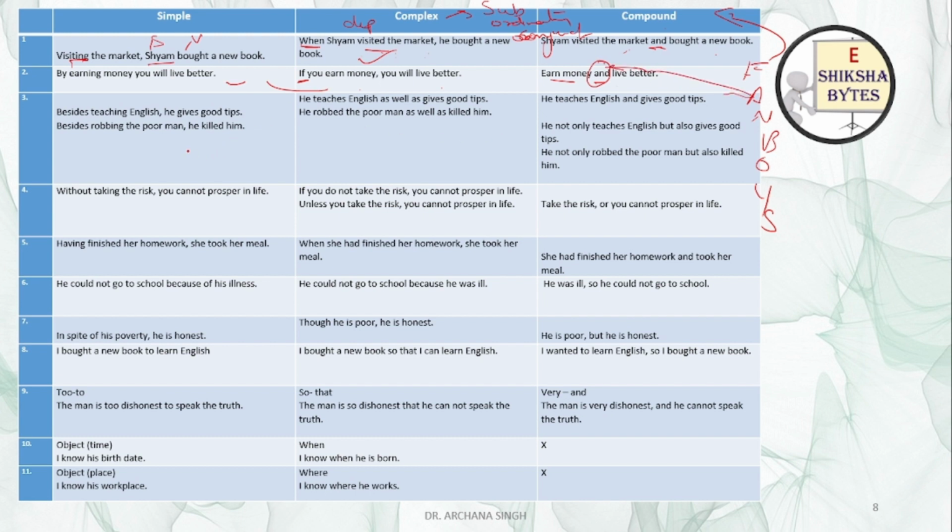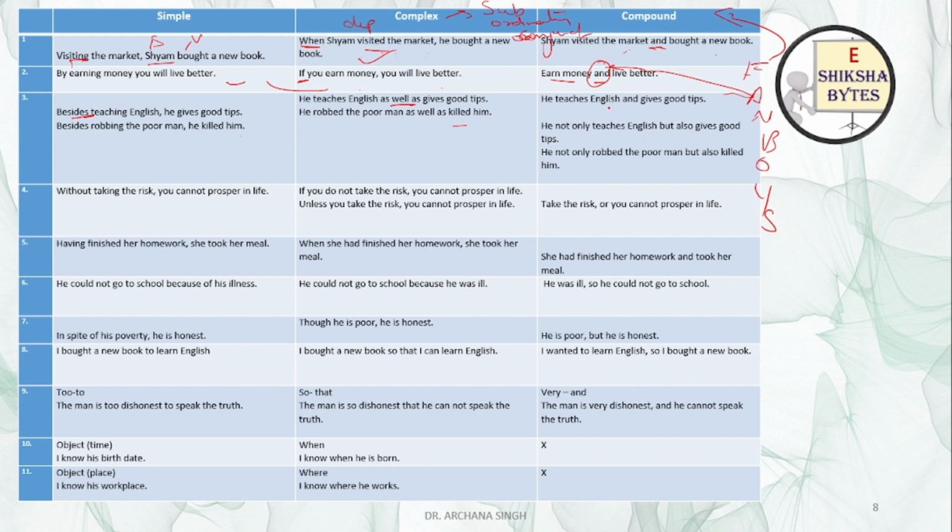This is your coordinating conjunction. Besides teaching English, he gives good tips. Or you can say another one, besides robbing the poor man, he killed him. Now you make it a complex. Whenever you use besides, you can say as well as, because it's something like apart from this. He teaches English as well as gives good tips. Or he robbed the poor man as well as killed him. And how to convert it into a compound?